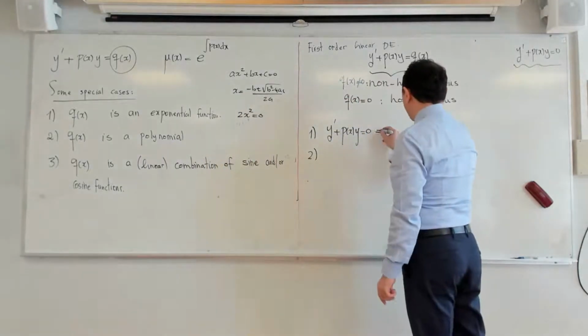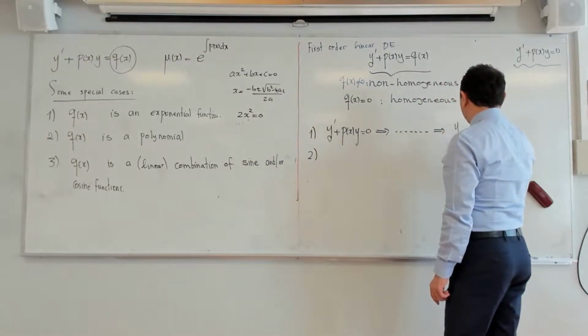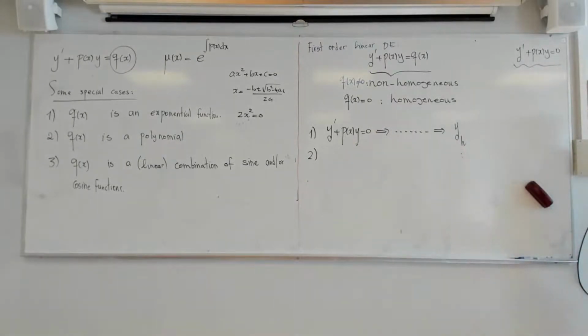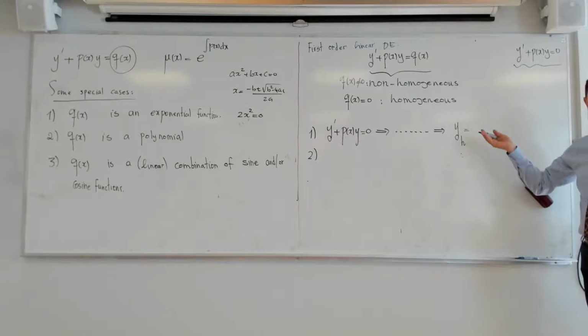And then you solve it, and what you find, we call it y_h, h for homogeneous. And by the way, this is something you can always write in front. What is that answer? We can find it.